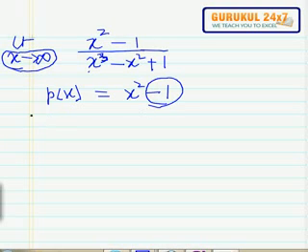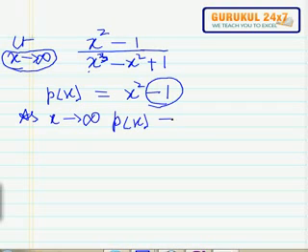So I can say that as x approaches infinity, p of x is simply the higher degree term. The higher degree term is x squared, so I'll say p of x is x squared only. Leave out the rest of the terms. Even if we have lower degree terms involving x, we can leave them out, because x is so large, x squared is going to dominate.